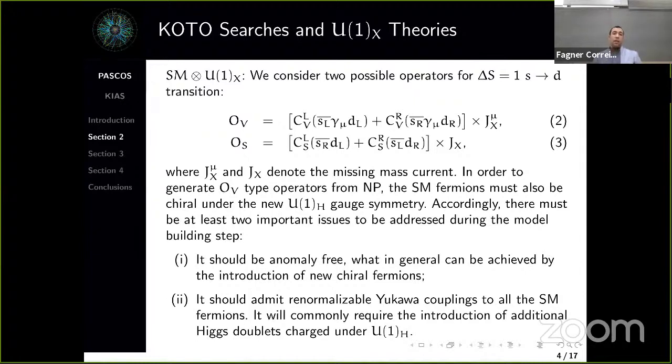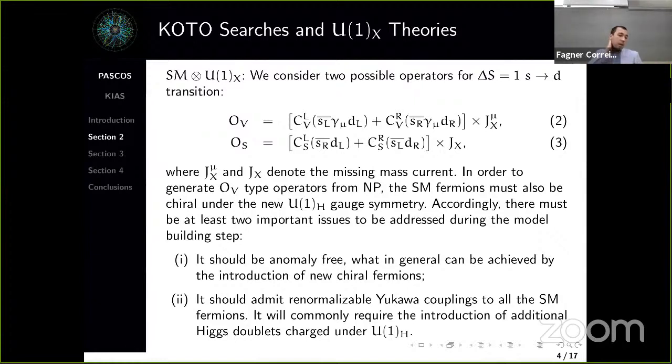Typically, once the standard model fields are chiral, that would require at least a second Higgs doublet in its scalar spectrum. In this sense, chiral U(1)s are somehow also connected to the 2HDM models.